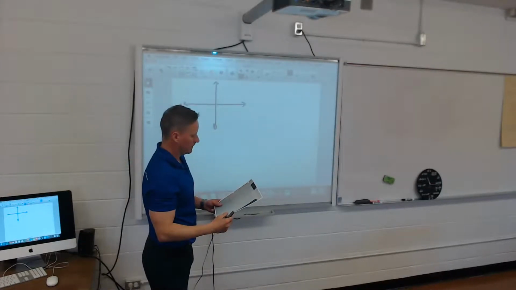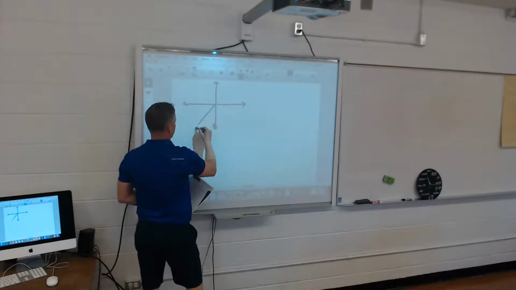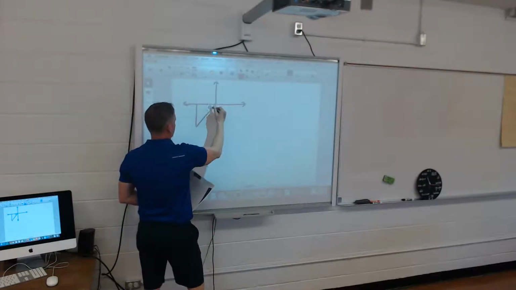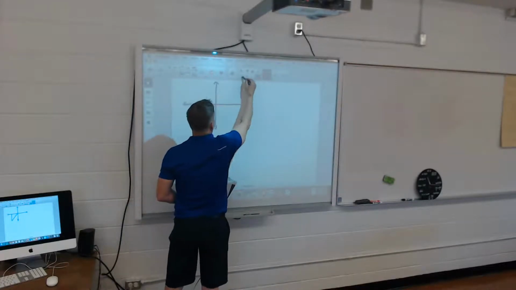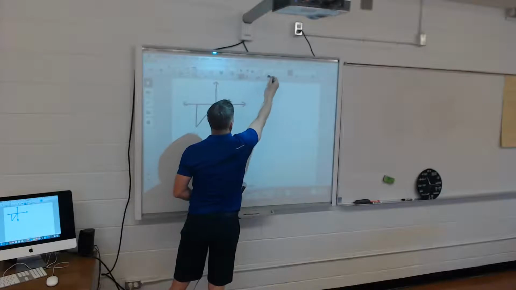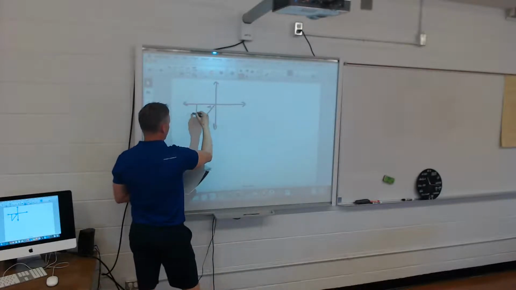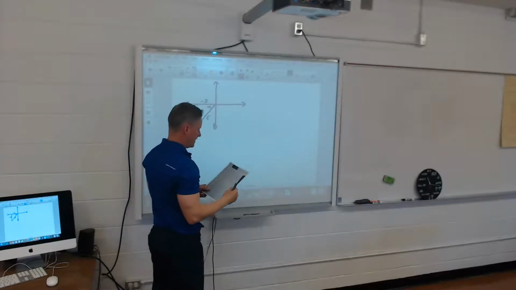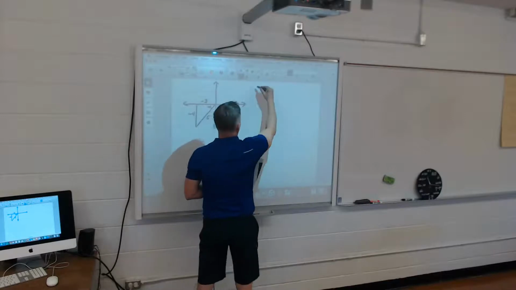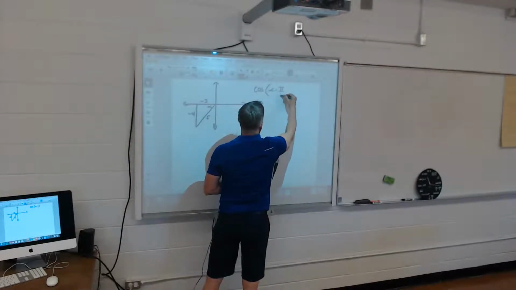Okay, so now I've got quadrant 3. Sine alpha is -4 over 5 in quadrant 3, so negative 4 over 5, which means cos alpha is negative 3 over 5. And it says cos of alpha minus pi over 6.